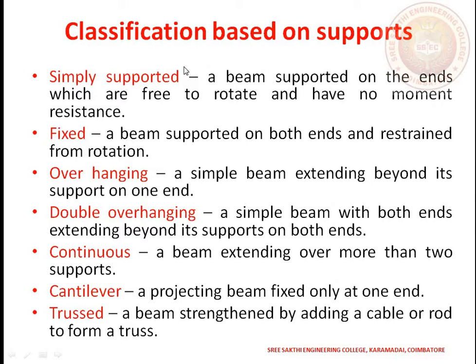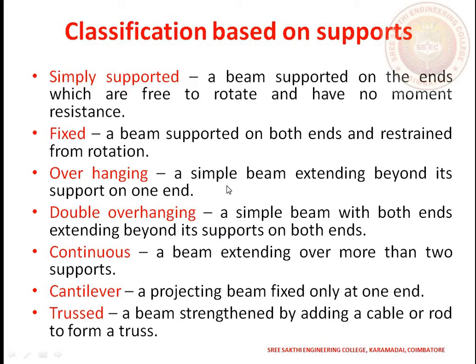The next topic is classification based on supports. First is the simply supported beam, then fixed beam, overhanging beam, double overhanging beam, continuous beam, cantilever beam, and trussed beam. A simply supported beam is a beam supported at both ends, which are free to rotate and have no moment resistance. A fixed beam is a beam supported on both ends and restrained from rotation.